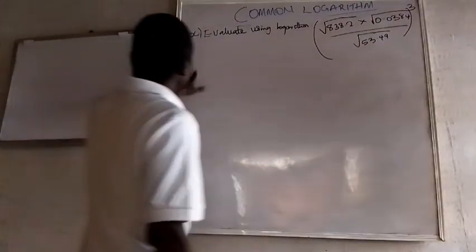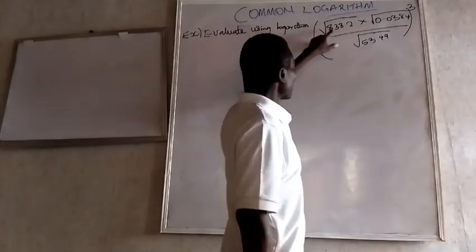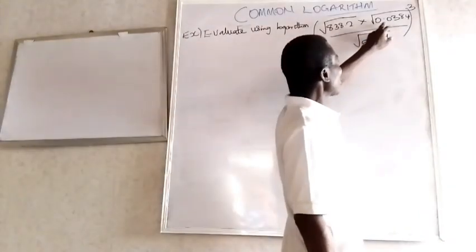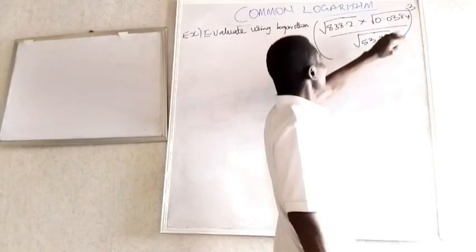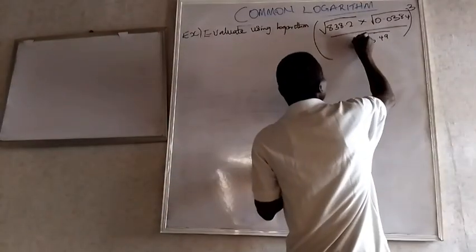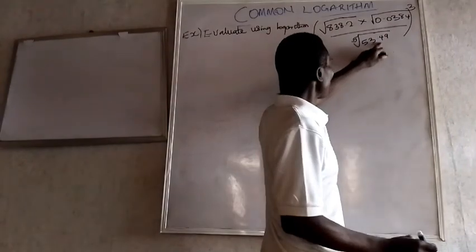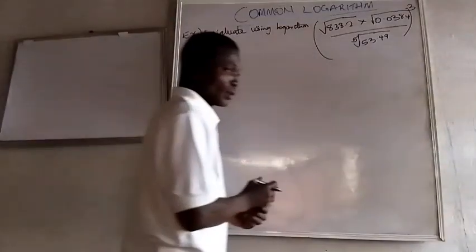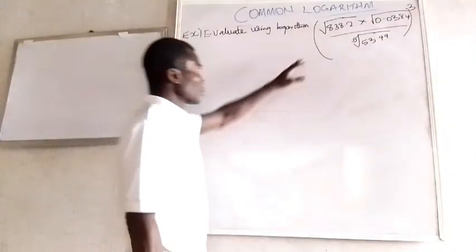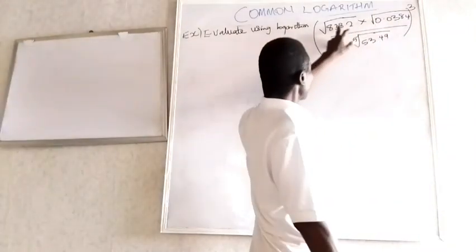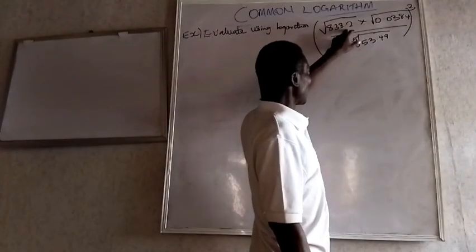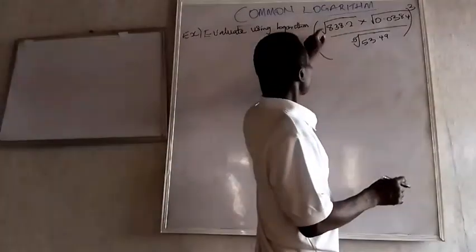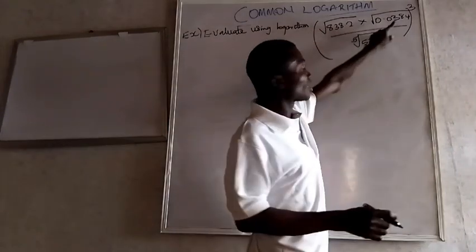Now the question states, evaluate using logarithm the square root of 838.2 times 0.0384, divided by the fifth root of 53.49, all cubed.